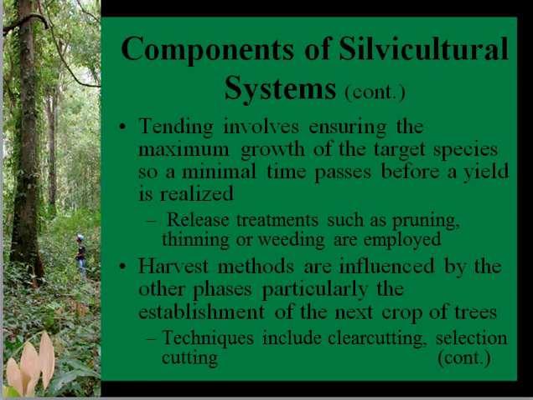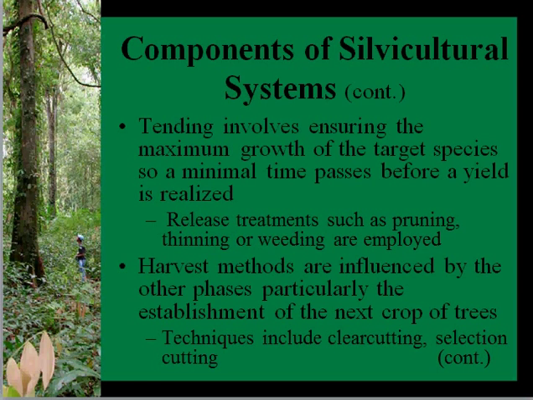Pruning also allows you to remove lower branches on your individual seedlings and therefore promote the growth of a tall, straight tree, which would be ideal for timber production. Harvest methods are also very much influenced by different types of silvicultural systems.